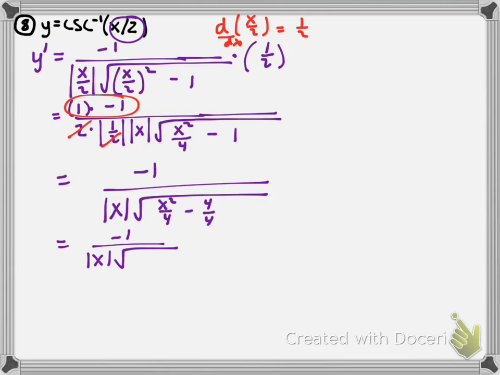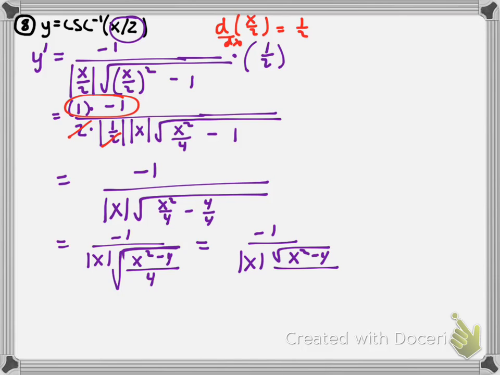And then here we have x squared minus 4 over 4, which means we can factor that out. We have the absolute value of x, and we can write it as x squared minus 4 over radical 4, which allows us to get rid of that. We have x squared minus 4 over radical 4, which is over 2.